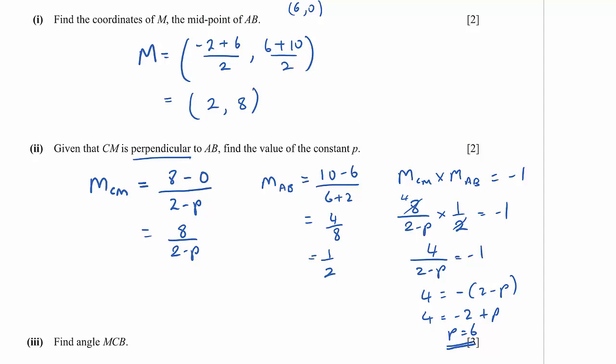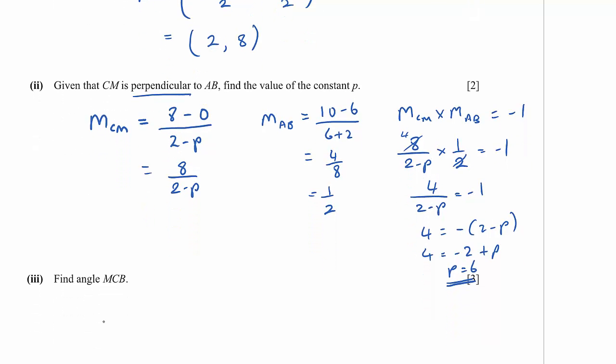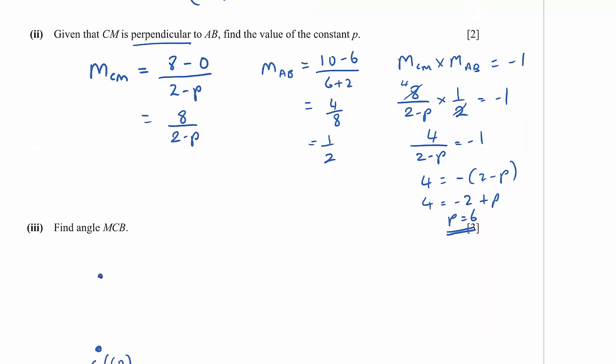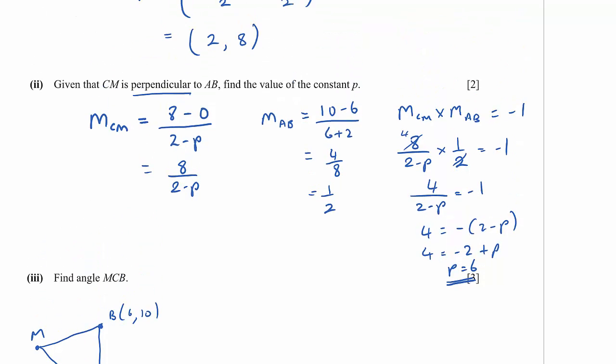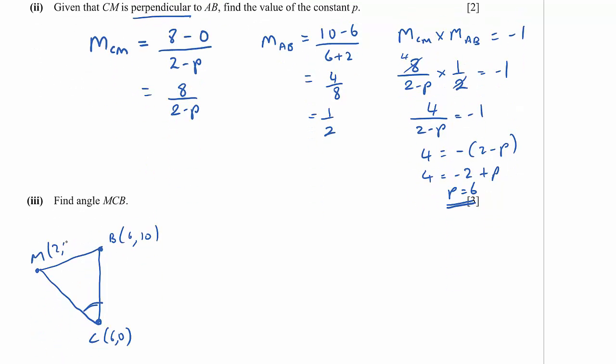B is at (6, 10). And M we know is at (2, 8). So sort of there. So this is the angle that we want to find, MCB. And just remember M was (2, 8).